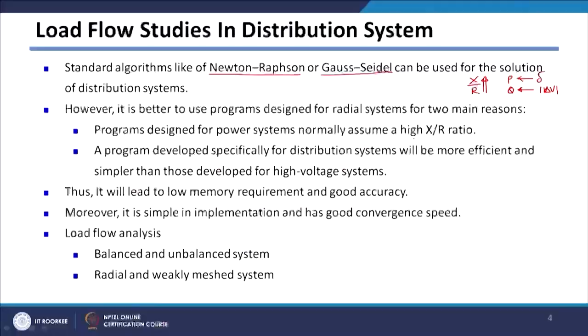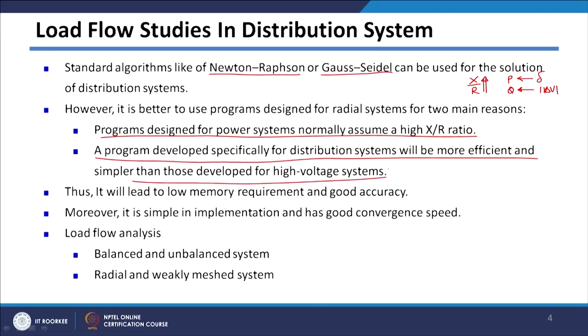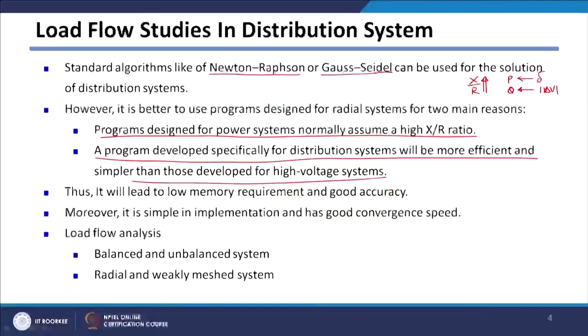However, in a distribution system, this X by R ratio is very poor. As I discussed, program design for power systems normally assumes that X by R ratio is high. Therefore, a program developed specifically for distribution systems will be more efficient and simpler than those developed for high voltage. So we can develop different algorithms specifically for distribution systems.